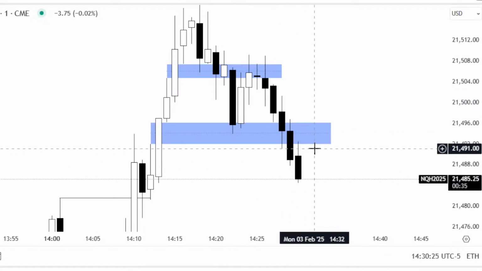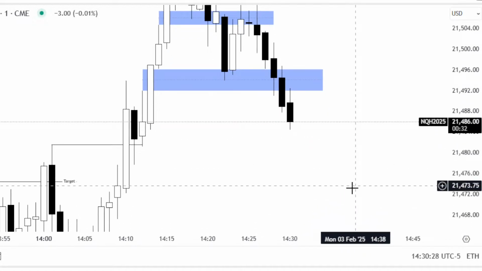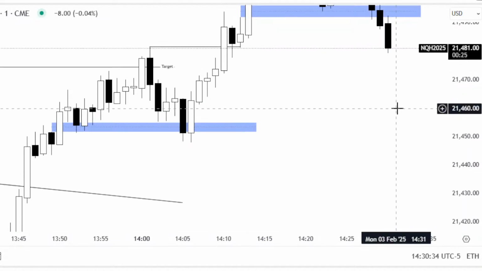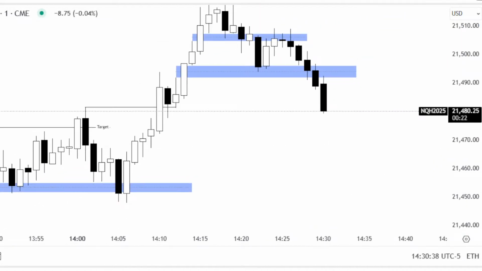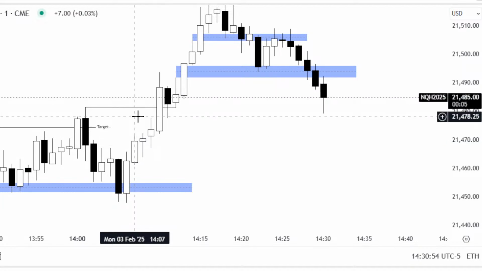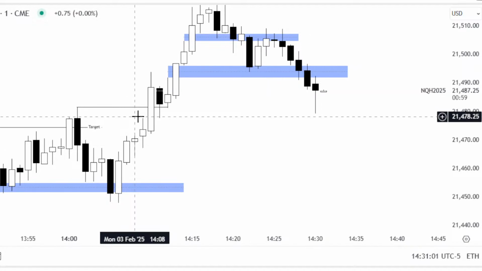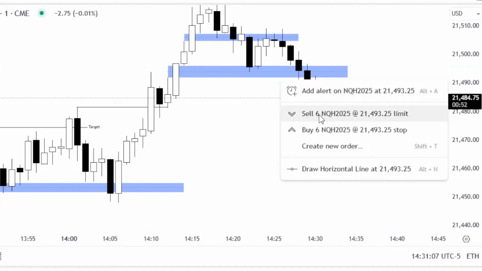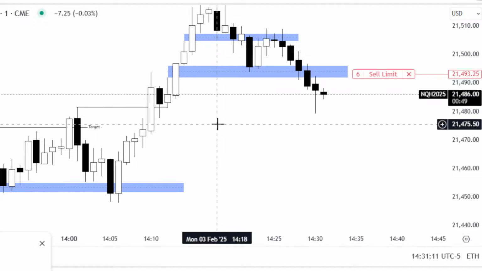Looking for a white candle and then the break of that will most probably send it lower. See if we can get a test in here.